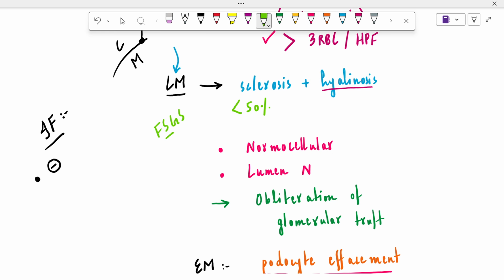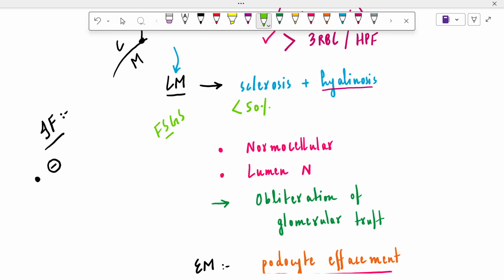But in some conditions, there can be non-specific deposition of IgM and complement proteins C3 and C1, right?